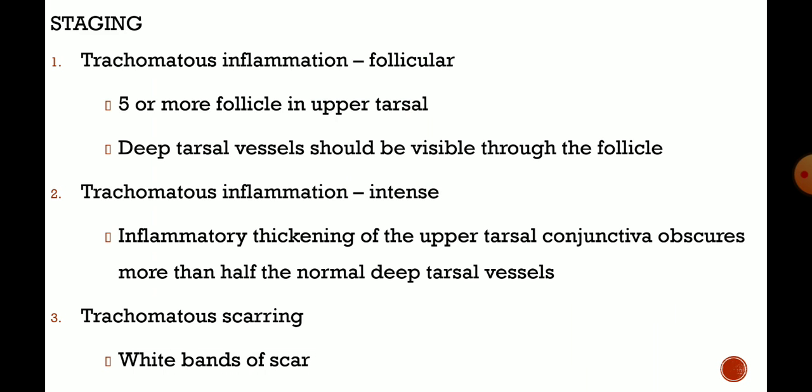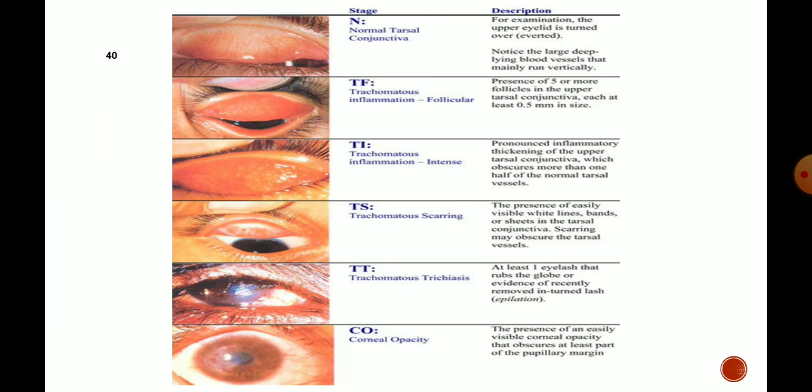Intense means the tarsal conjunctiva is thickened and obscures more than half of the normal deep tarsal vessels. You cannot see the vessels because of the thickening of the conjunctiva. Scarring means you will see the scars.